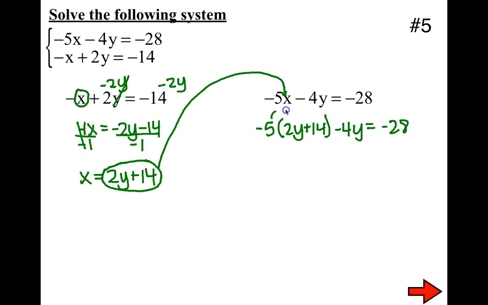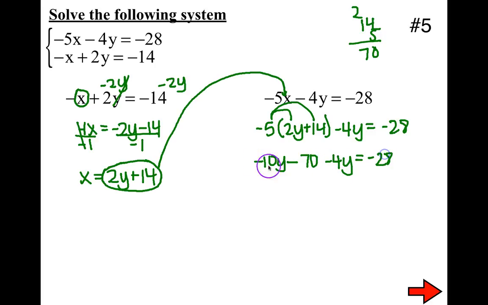First things first, we're going to distribute, which is negative 10y. Distribute one more time. It's going to be negative, we're going to do some side work, 14 times 5. This is 20. 1 times 5 is 5 plus 2 is 70. So that's going to be negative 70 minus 4y equals negative 28.